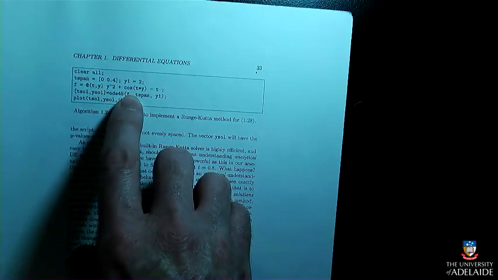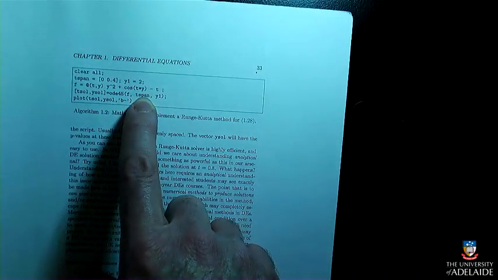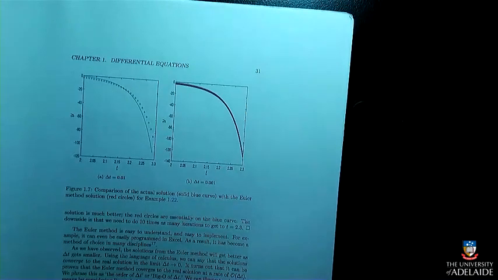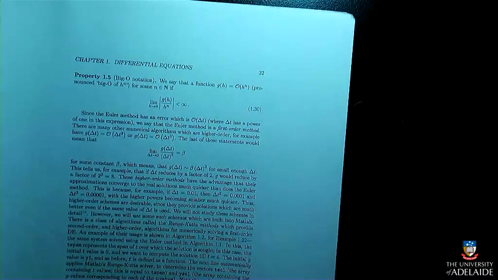And so you tell it the function that is telling you what the derivative is, and you tell it the range of t or x values here, and then you tell it what the beginning y value is, and it will produce a plot like one of these, I reckon, of what the function works out to be. But it looks like you haven't been told anywhere how the method actually works.